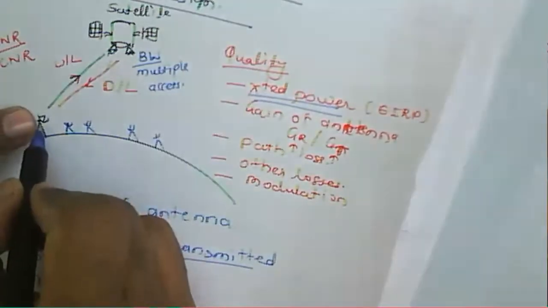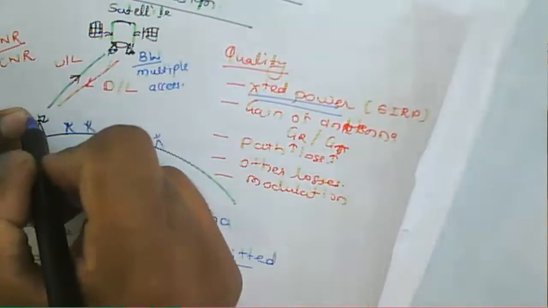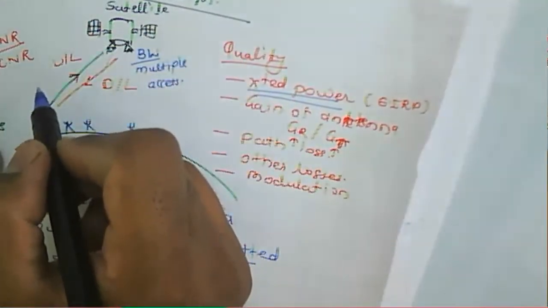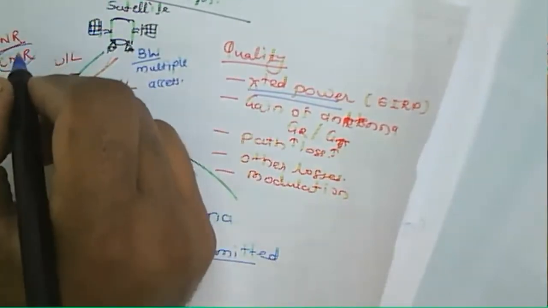So power transmitted by the earth station, power received by the satellite, then we will get that uplink component. And then we can calculate the carrier to noise ratio for the given uplink.